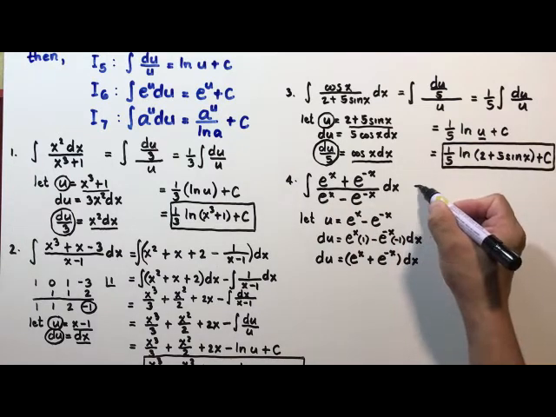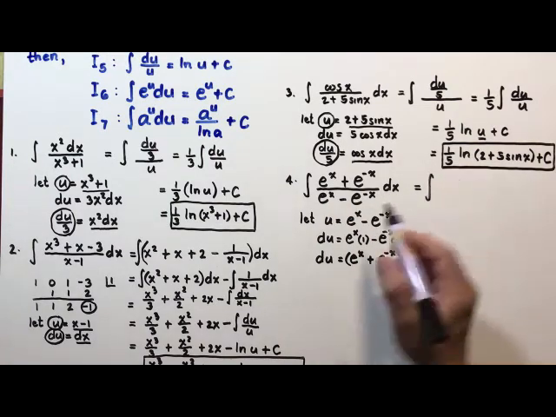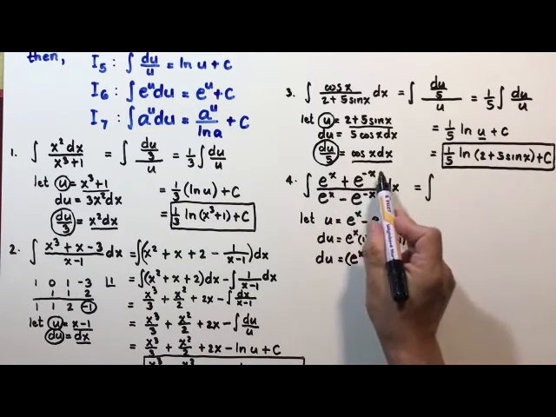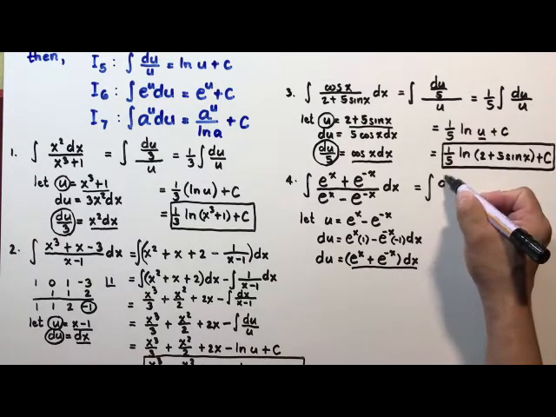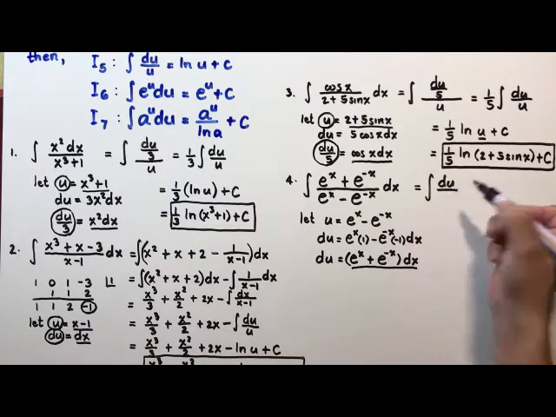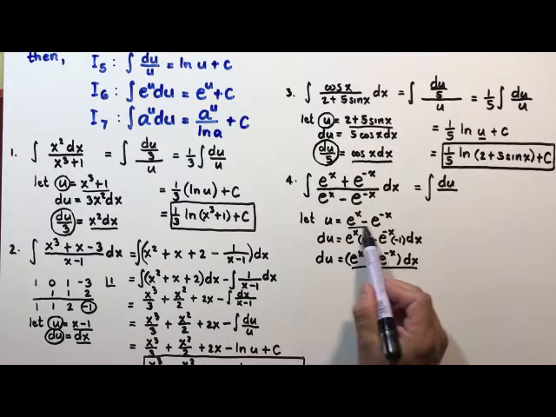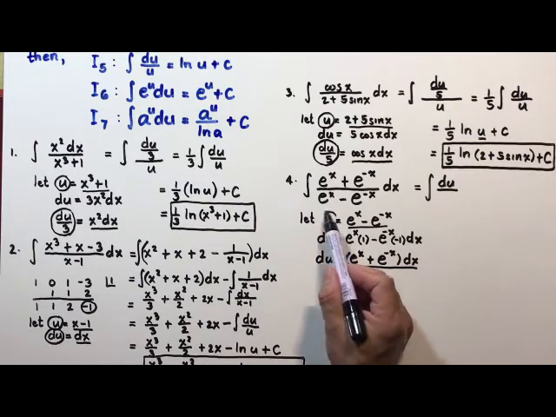So instead of writing our numerator, which is e to the x plus e to the negative x dx, we will write its equivalent value, which is our du. So this is du over our denominator, which we set as u.